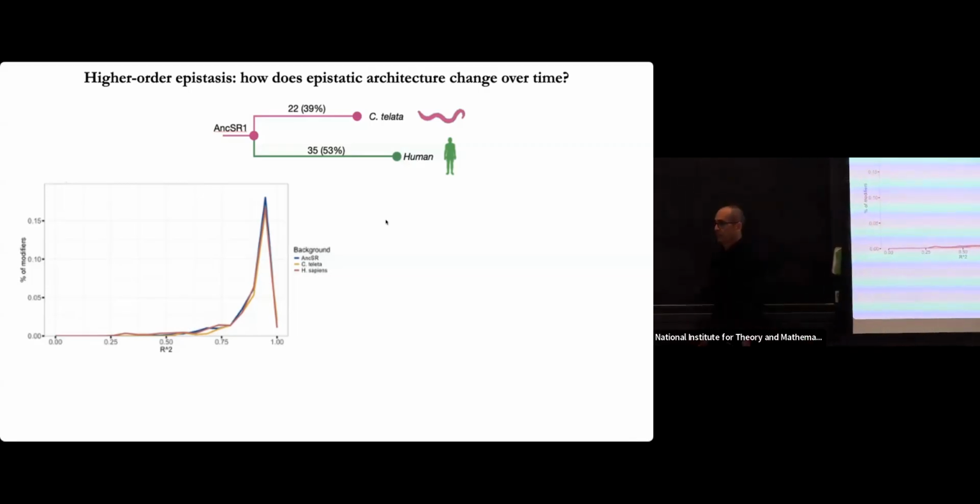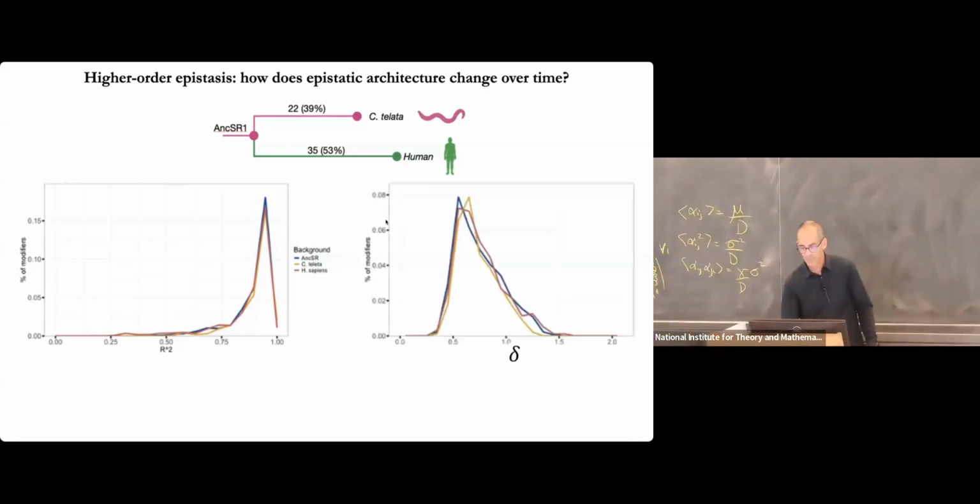It's identical. So no change in that. Here's the distribution of the strength of epistatic modifiers, the sigma, virtually identical. So at this macroscopic level, there's no change across 500 million years times 2.